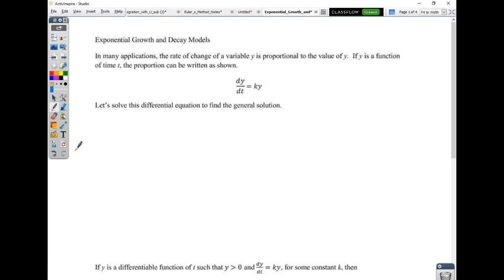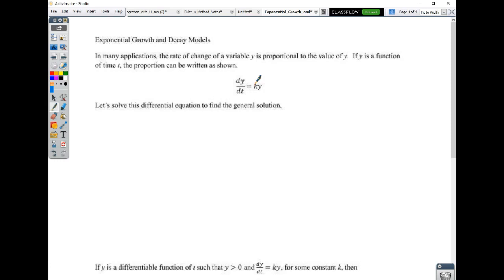Exponential growth and decay is specifically this concept that between different time periods, whatever I'm looking at, population, my money, stocks or something like that, if I'm looking at something that's got a percentage increase or a percentage decrease, ideally what happens is that we get a rate of change that is equal to some proportion of itself.